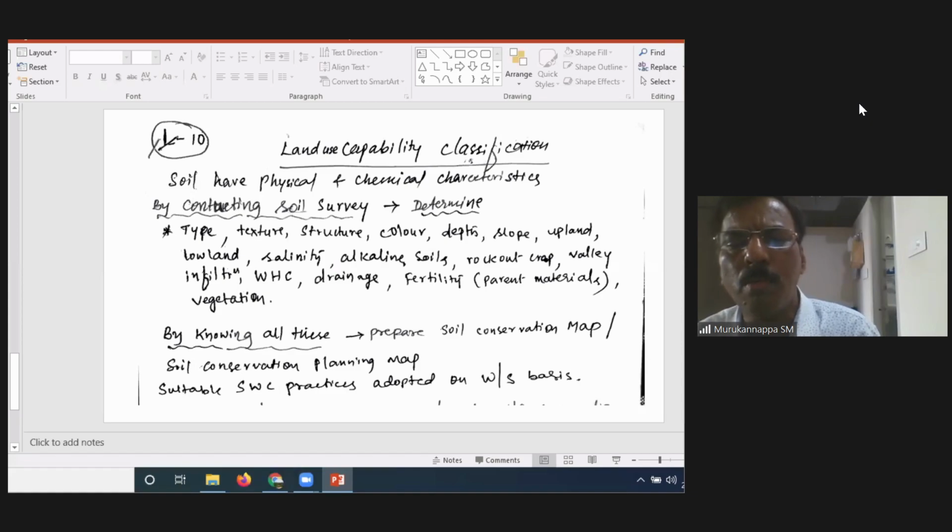So stream ordering, drainage line joining, fertility of that particular place, all together. So they have categorized them into different land classes. Did you clear now? This is the basis for the land use capability.